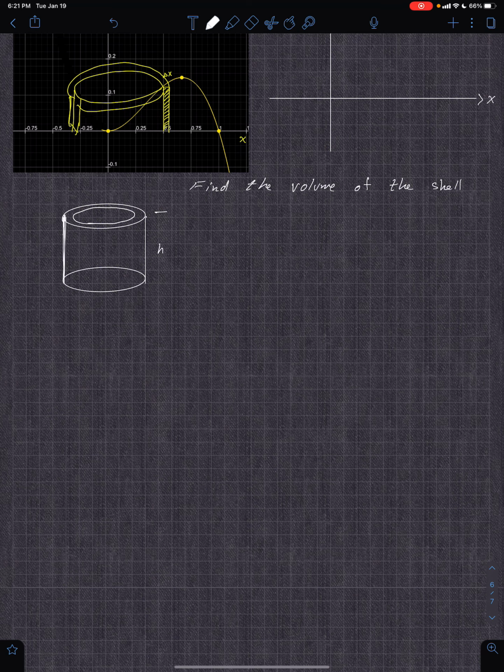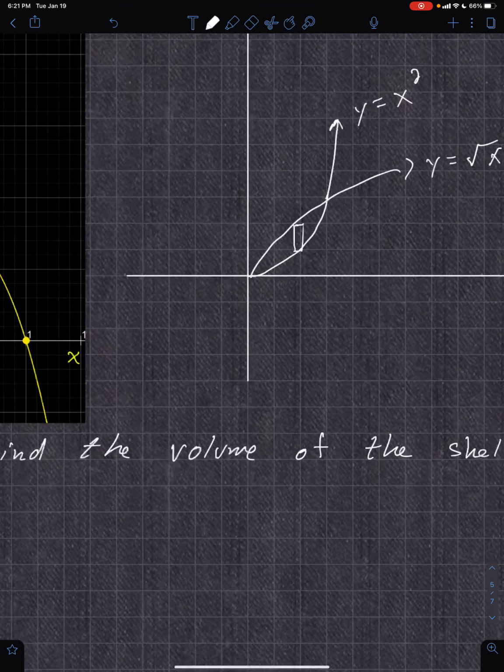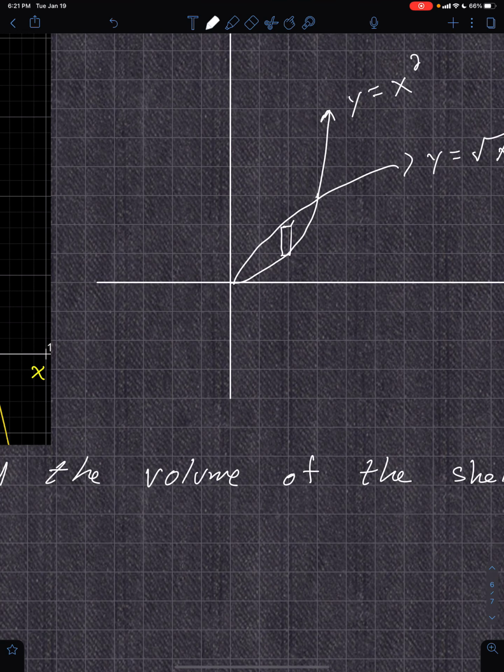You have a height, right? We're going to have to multiply by height at some point. And that will be the difference in the function values. So if you have a top function and a lower function, that's what you'll get. So let me draw one more in here. So if you had something like this, so if that was y equals x squared, and then maybe the square root of x, then we can revolve that little piece like that around the y-axis and creates that shell.